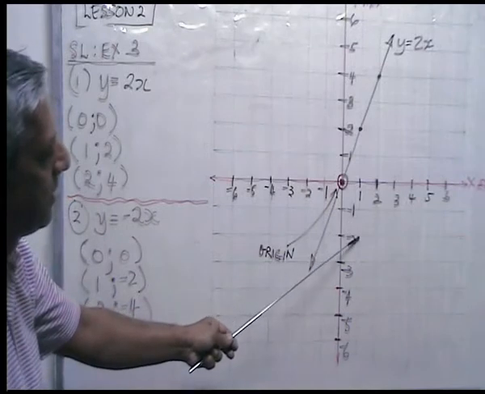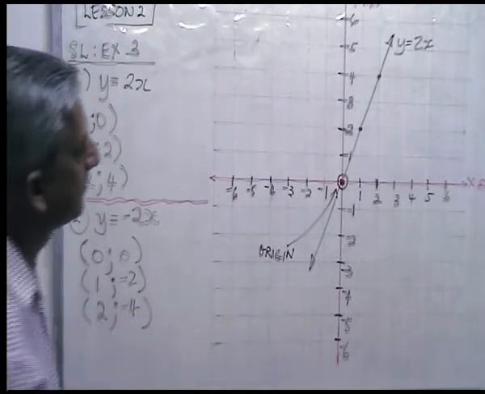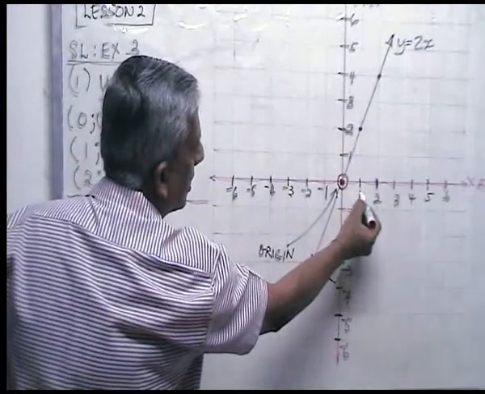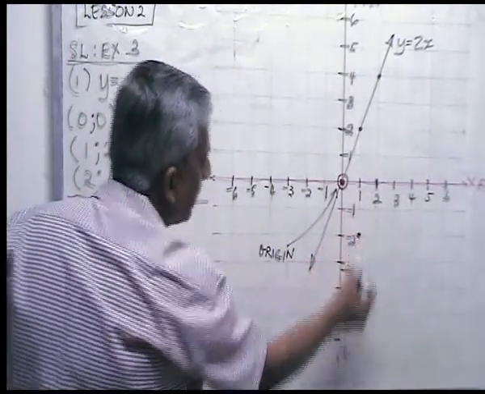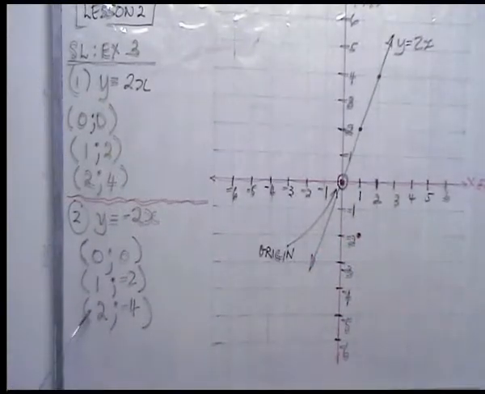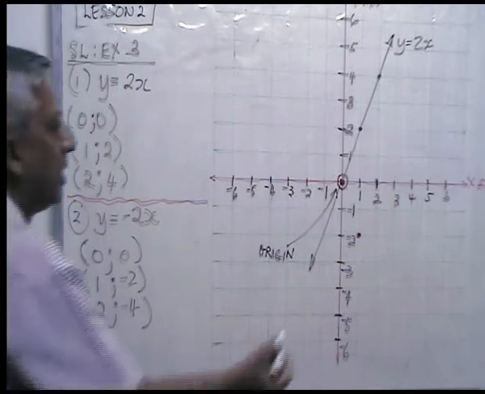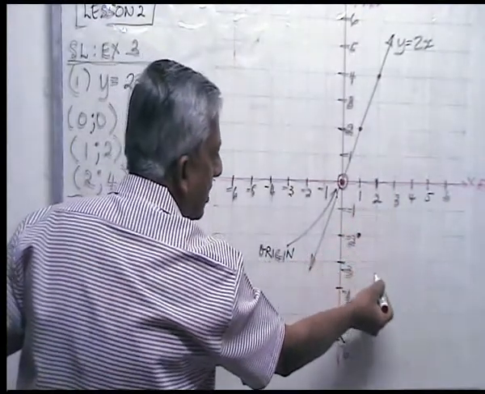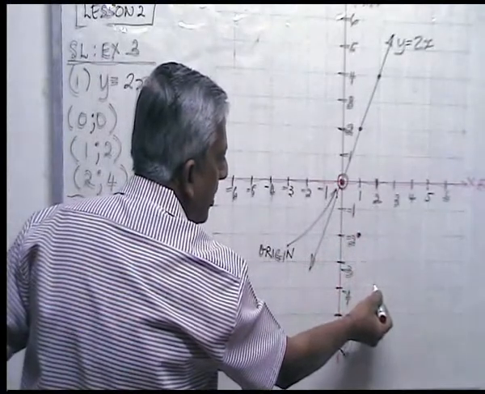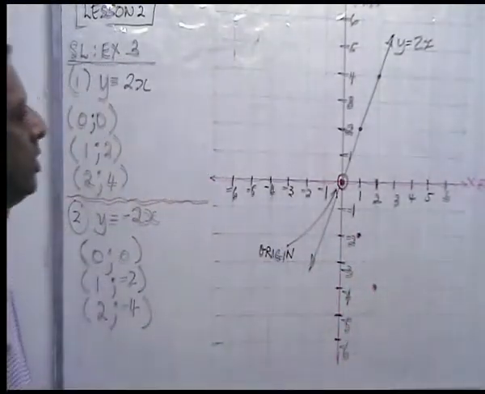There's your 1, then you go straight down till minus 2, straight in line with the 1. Next ordered pair, (2, -4). So look for 2, I found 2, and then go straight down till minus 4 because the ordered pair is (2, -4).